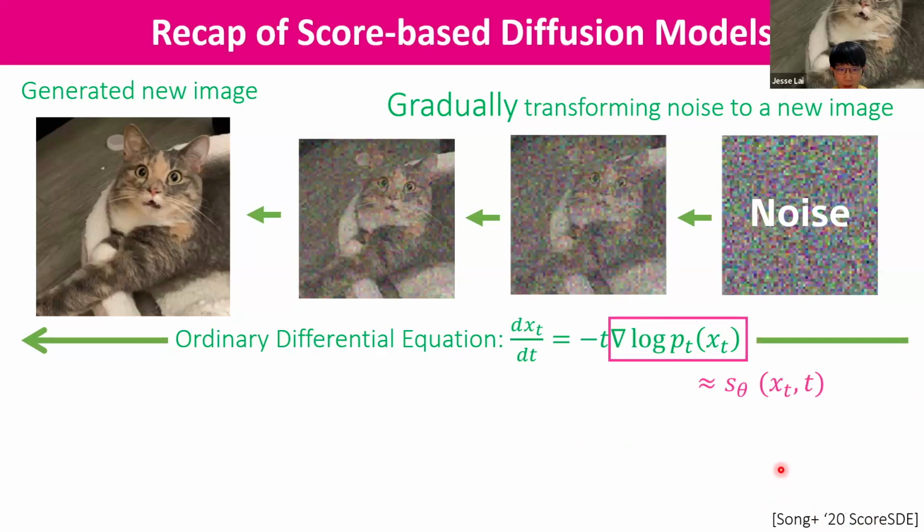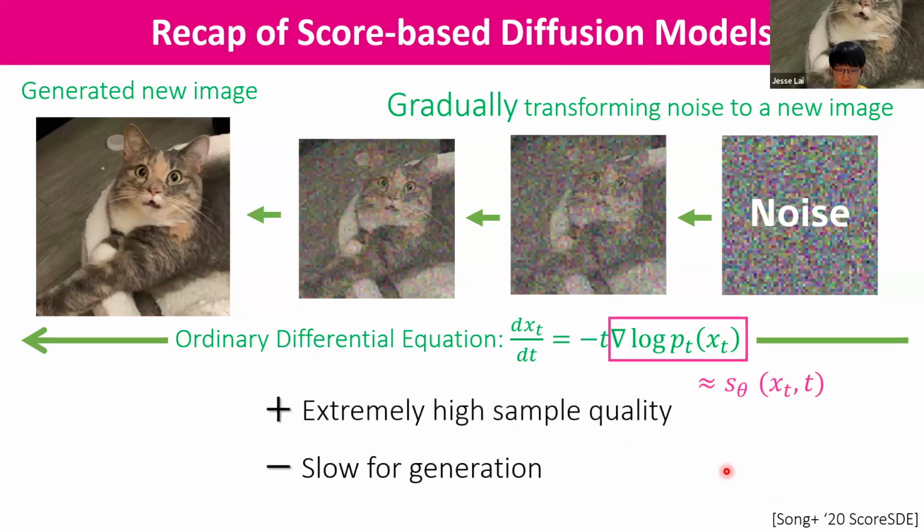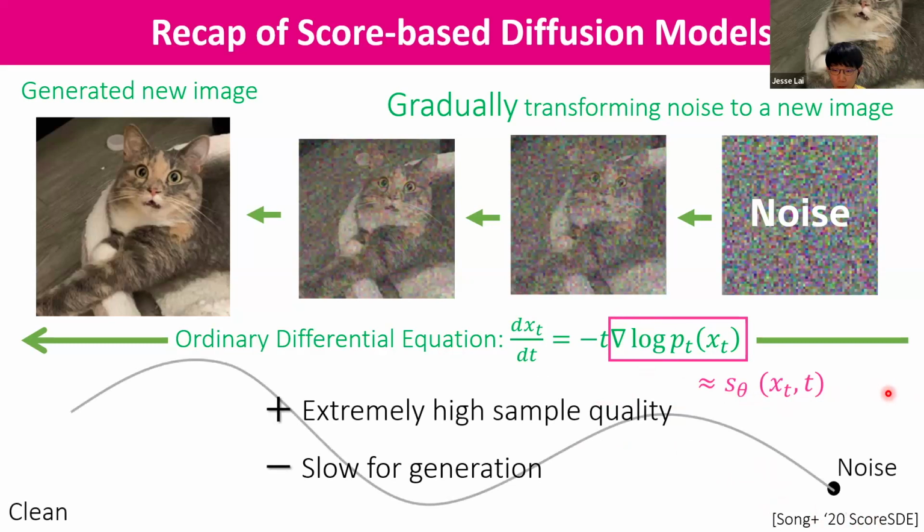And why this is important is we know diffusion models are very excellent in generating good samples, but they are very slow for generation. And we can see why it is slow from this ODE solving point of view. Perhaps you may know that to solve an ODE, we need to start from some initial condition. Here it is a noise.